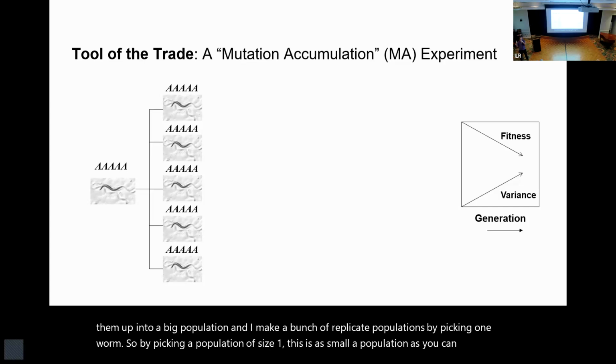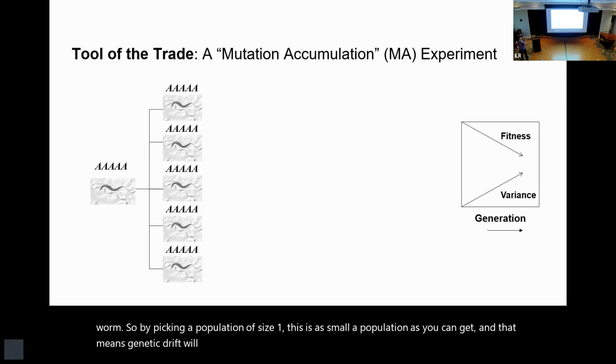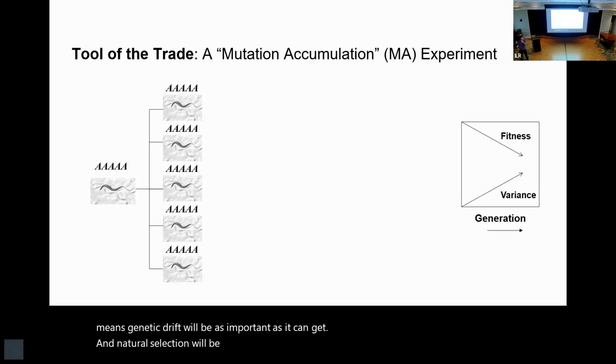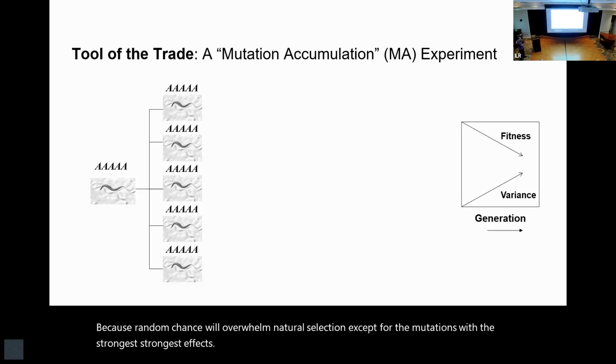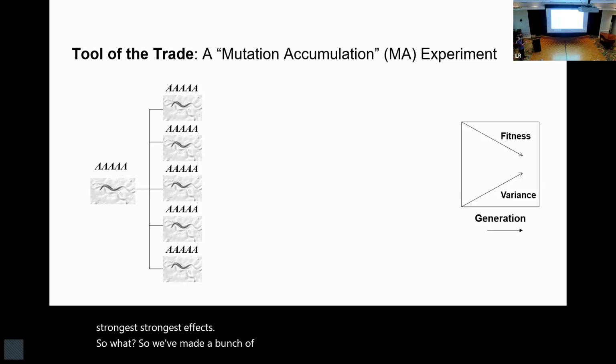That means genetic drift will be as important as it can get, and natural selection will be as unimportant as it can get, because random chance will overwhelm natural selection, except for the mutations with the strongest effects. So we've made a bunch of these replicate populations. They start out genetically identical.